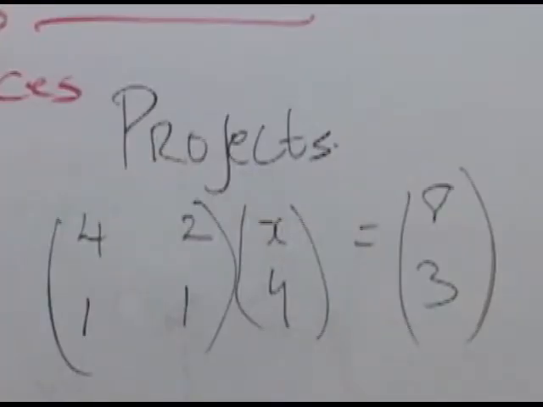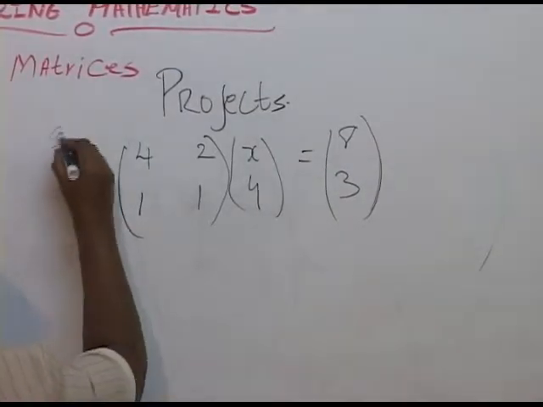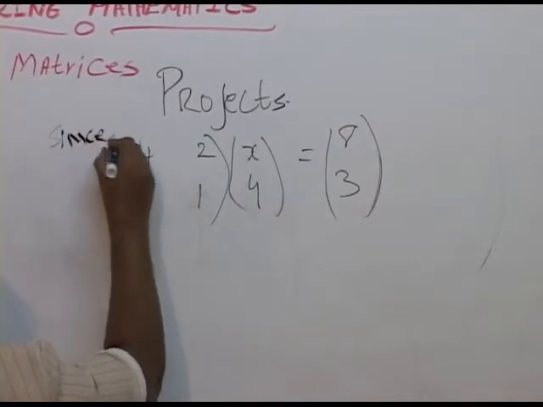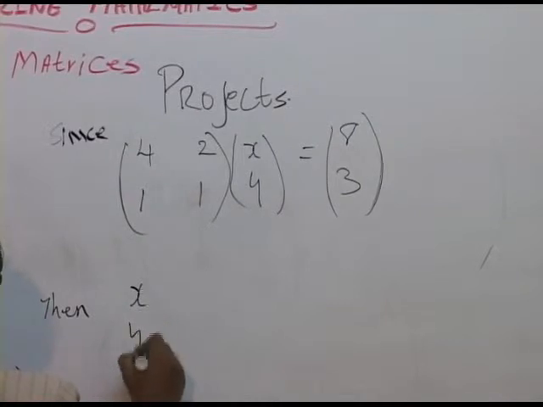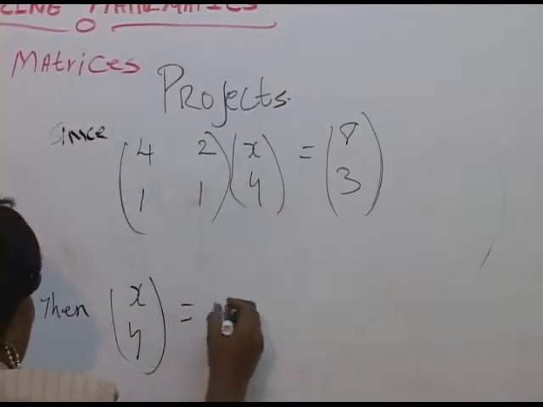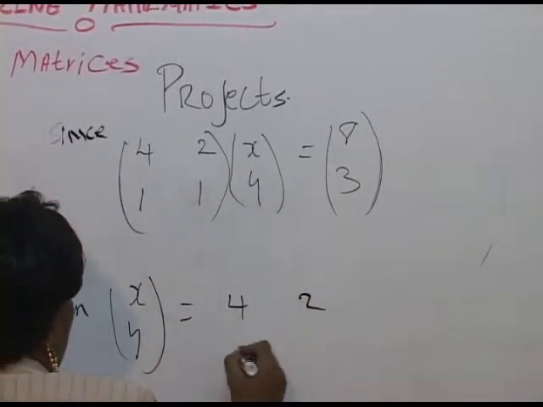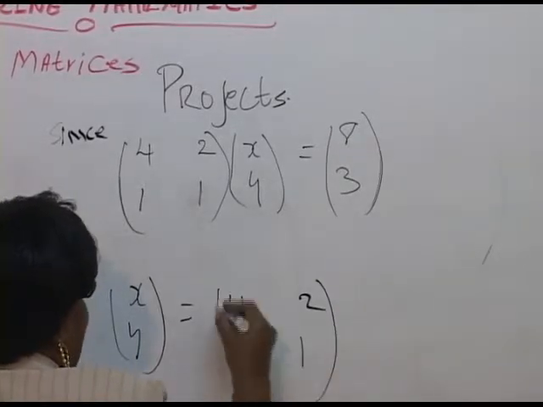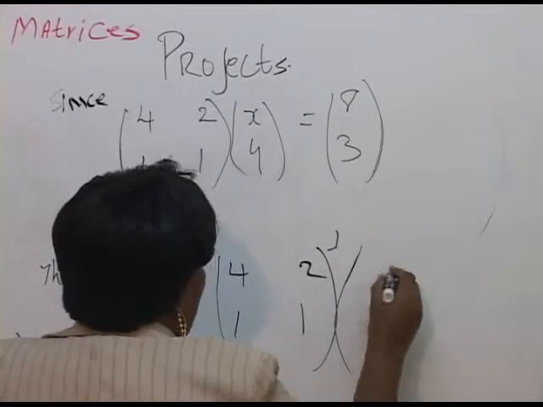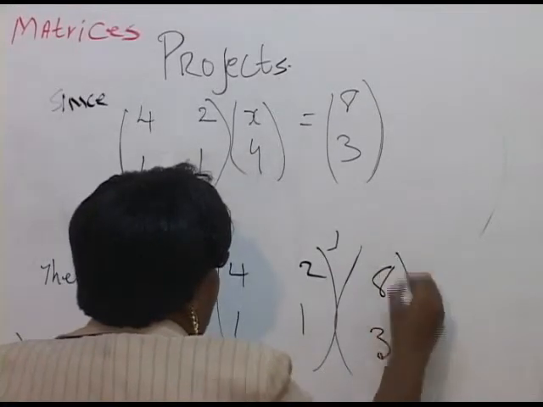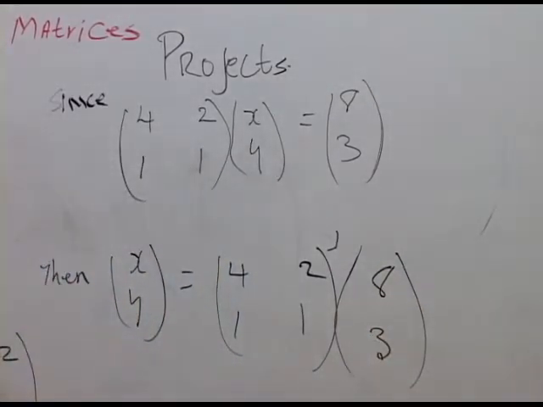The simultaneous equation has been transformed into matrix form. So since we're given this equation, in order to solve it, our x, y would now be equal to 4, 2, 1, 1, the inverse, remember we have been practicing and we went over all that, why it is written in this form, times 8, 3.